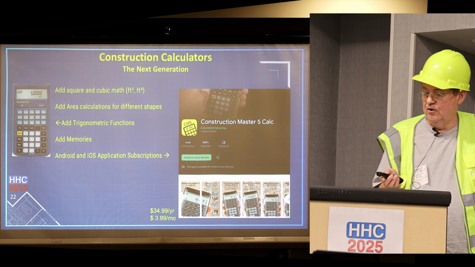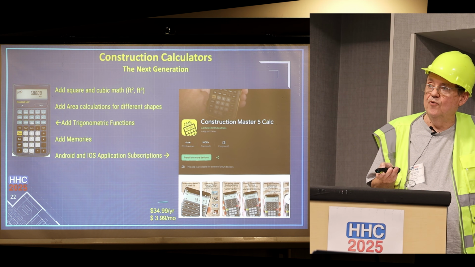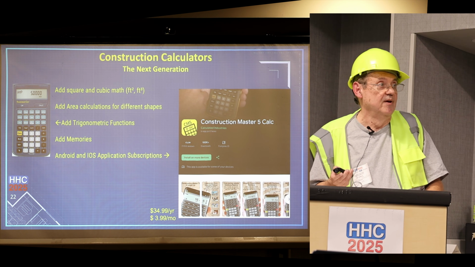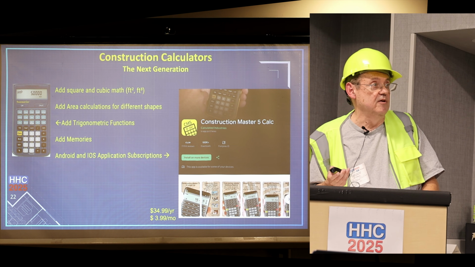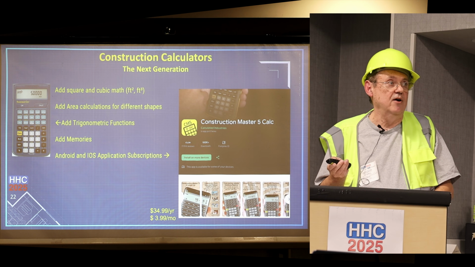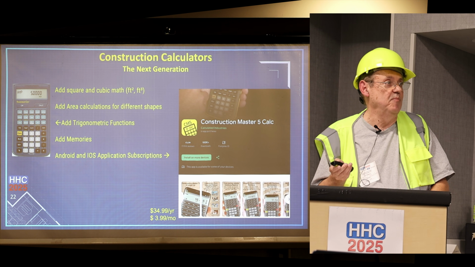They also added an offer. Calculated Industries added an offer of Android apps for the low price of $34.99 a year, or $4 a month. You can get an Android app calculator that cost me $40 to buy at Home Depot.